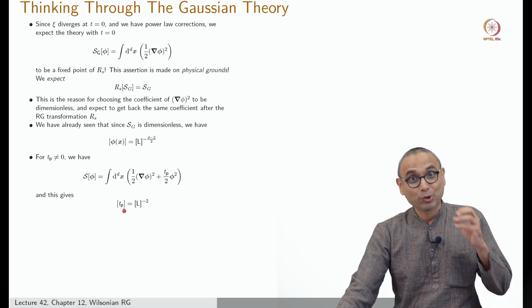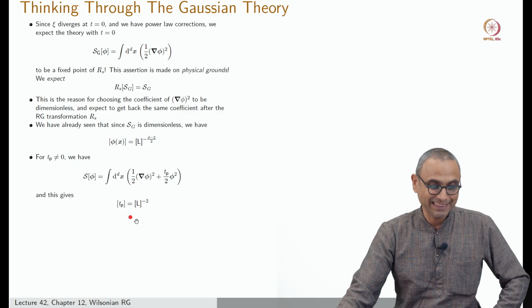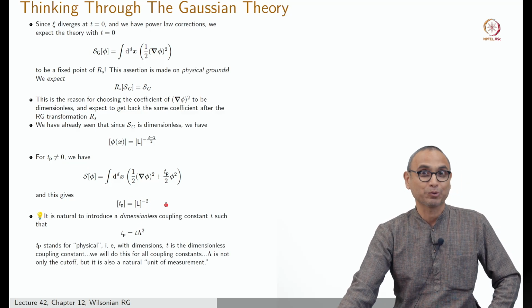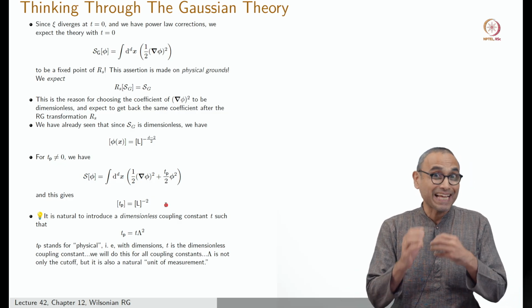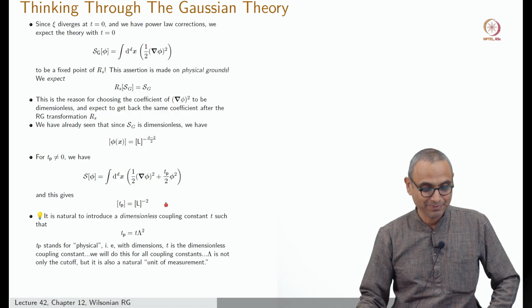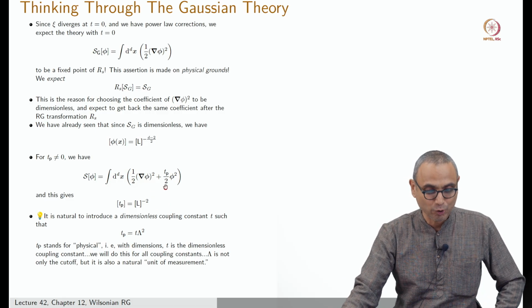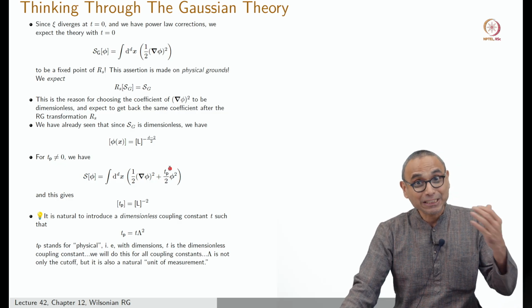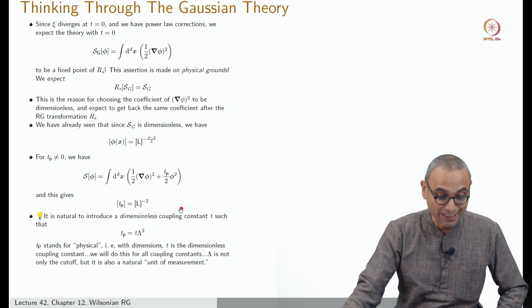t_p is chosen to say that it is an object with some physical dimension, right? That is why we chose t_p, and it has dimensions of L to the power minus 2. So what I want to do really is work with dimensionless quantities. So how do I introduce a dimensionless coupling constant associated with this t_p? There is a natural object with some dimension lying around, and that is the cutoff.